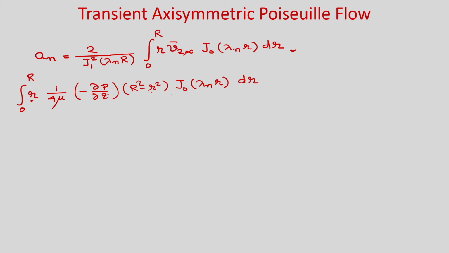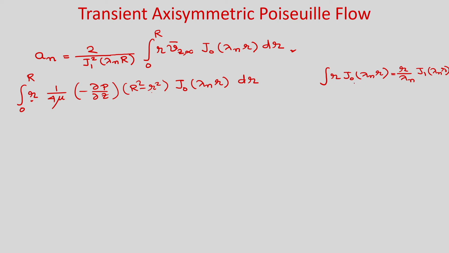Okay. So, you can see one r is here, r square and J0 lambda n r. You can actually see some mathematics book and find how to integrate this Bessel function. One of the integrals I will just write: integral r J0 lambda n r, you will get r by lambda n J1 lambda n r. So, you can see this 0th order Bessel function of first kind becomes first order Bessel function of first kind. Okay. So, there are some integration rules.